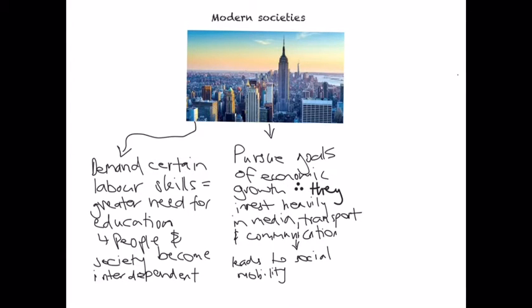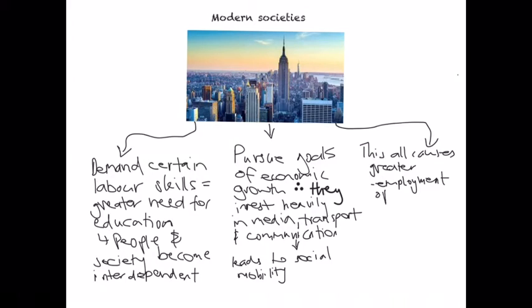And lastly, all of this pursuit of economic growth and demand for certain labour skills could be seen as causes for greater employment opportunities, as already discussed through the introduction of these industries, and greater needs, access and opportunities of education, because as mentioned, these industries rely on education to build up their workforce.